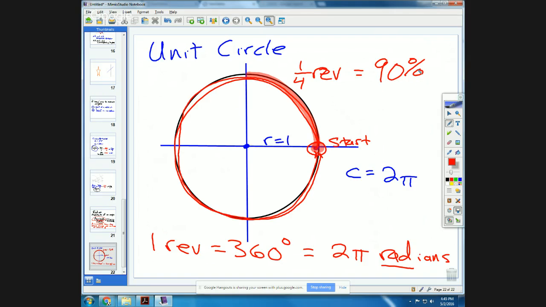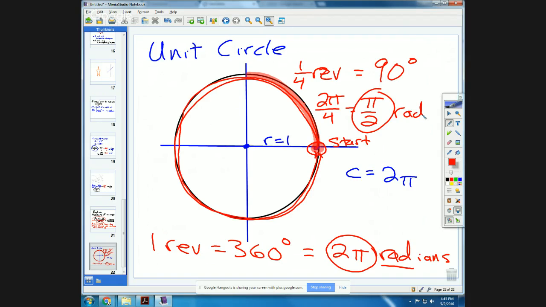And I've gone a quarter of the way around my circumference. Okay, so let's see. 2 pi over 4. The 2 goes into the 4, so that would give me pi over 2. So that is what we would call the radian measure for this angle. And it's just something you get used to.